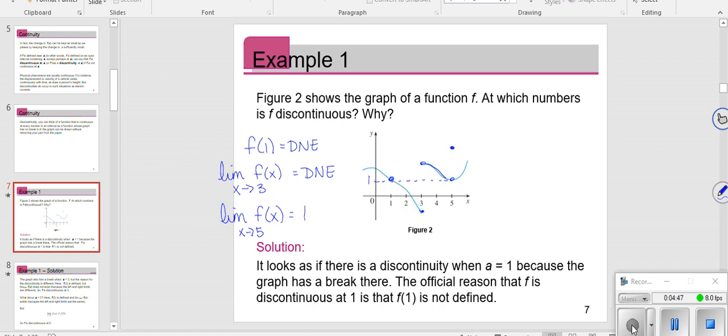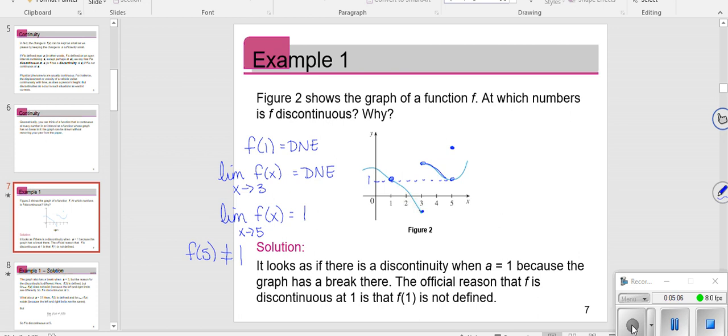So the limit of f of x as x approaches 5 is 1 because it equals that from the left and the right. But that does not equal f of 5. f of 5 does not equal 1. So again, another point of discontinuity.